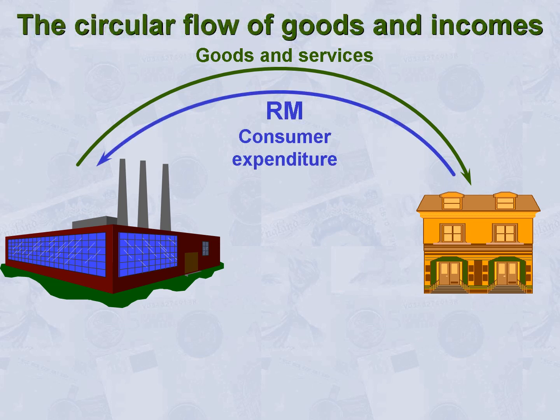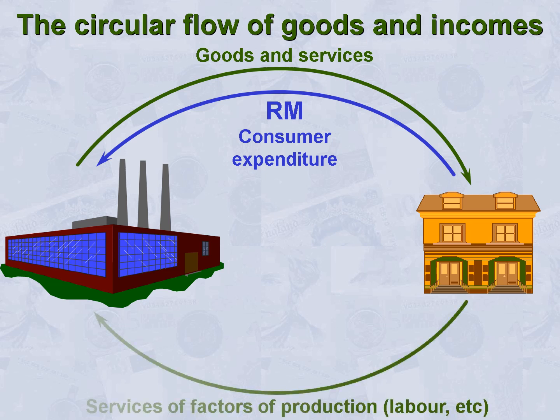So when they provide goods and services to households, the households will buy the goods and services, and they do an expenditure. So this is the flow of money, and goods and services are the flow of output. As I said, the factors of production come from households.